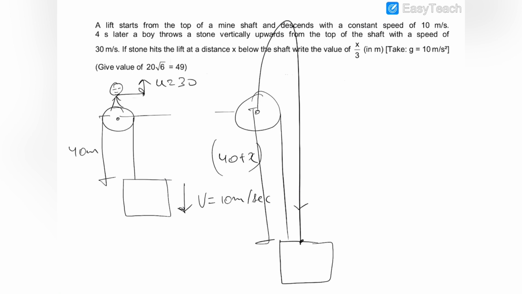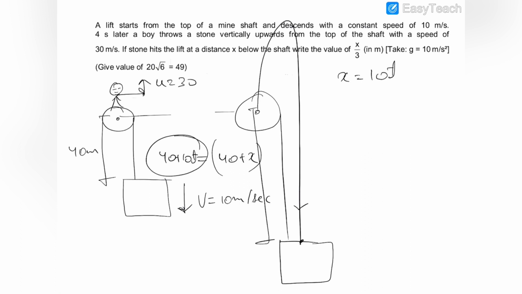So let us suppose that after time t the stone strikes the lift. So obviously this x would be equal to 10t. So this distance is equal to 40 plus 10t, where t is the time in which the stone will strike the lift.